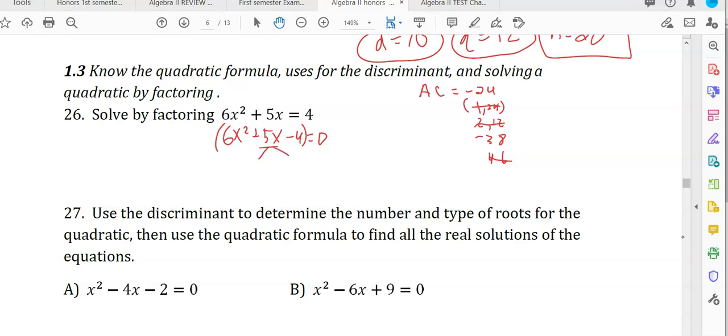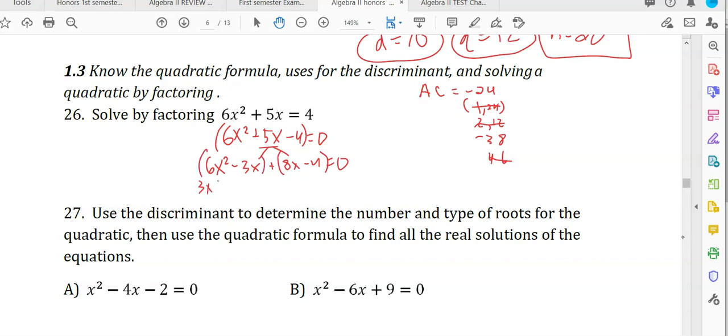So I'm going to split up that middle term. So I'm going to get 6x squared minus 3x plus 8x minus 4 equals 0. Do factoring by grouping. Pull out the GCF.